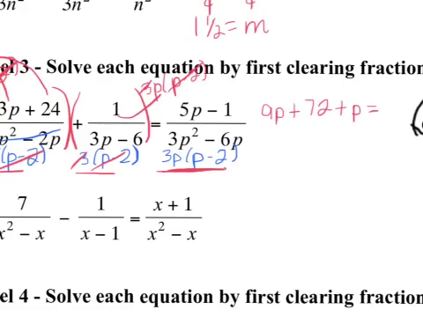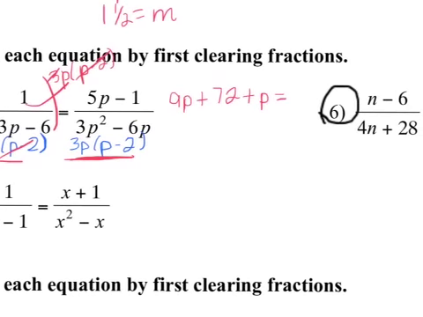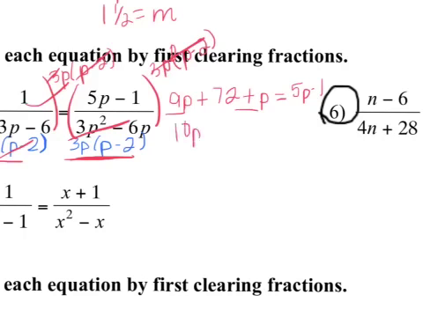Bring over my equals. When I multiply the last one by our common denominator, they cancel out. And I'm left with 5p minus 1. We'll combine like terms. 10p plus 72 equals 5p minus 1.